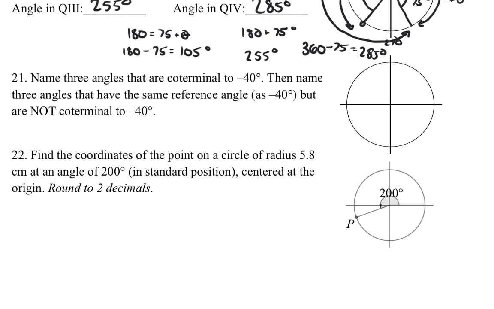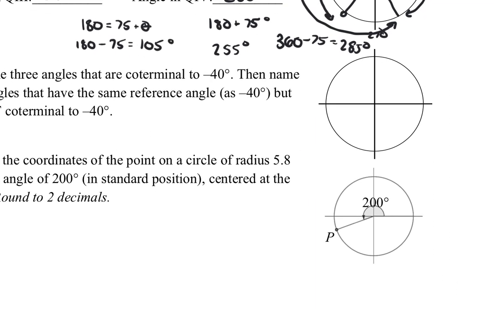All right, question 21. Name 3 angles that are coterminal to negative 40 degrees. Then name 3 angles that have the same reference angle as negative 40 but are not coterminal to negative 40. So let's draw our angle first.